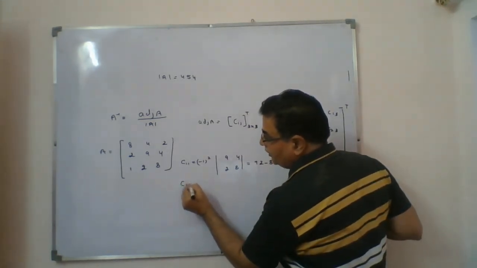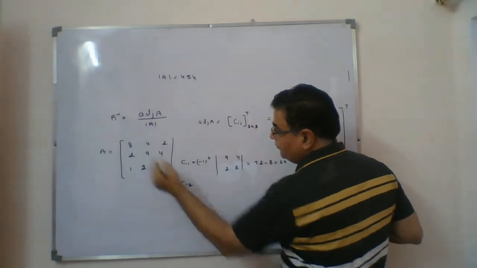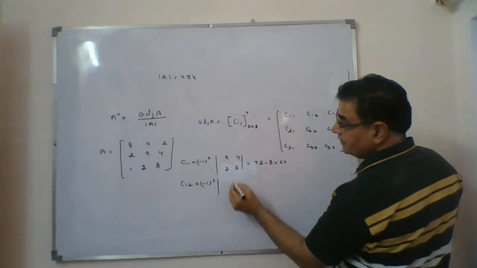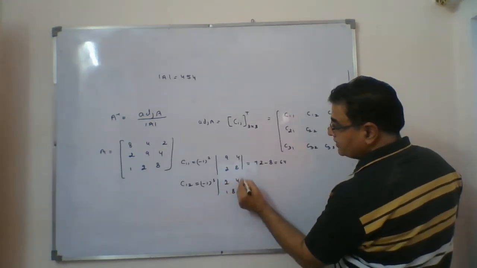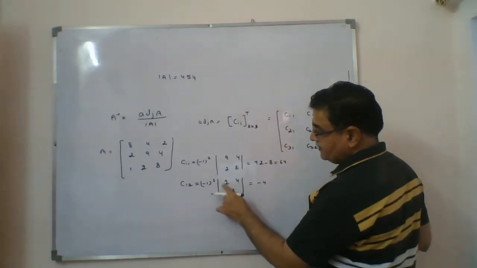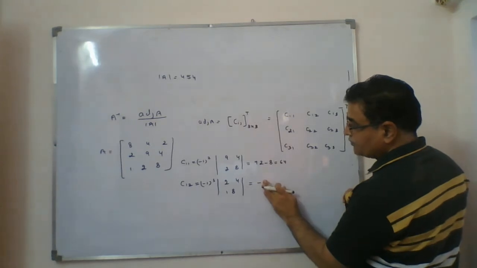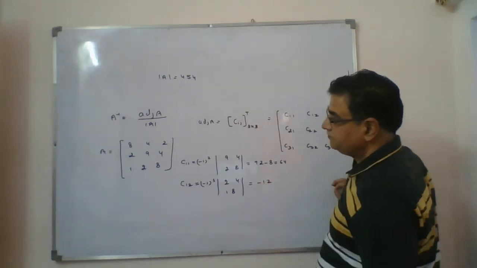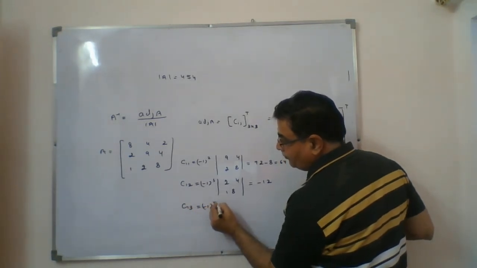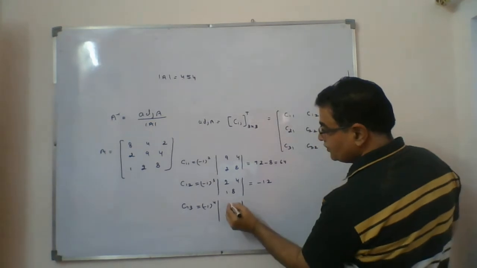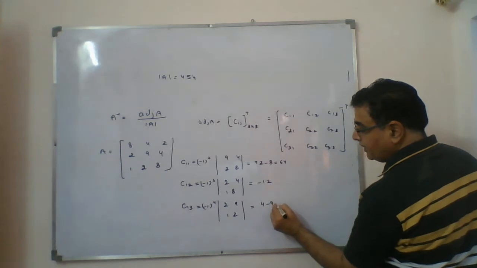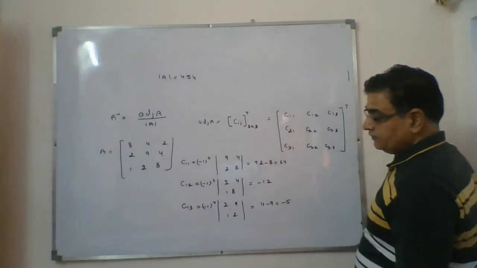Then we go for C12. Leave this, minus 1 whole cube, and then the minor is 2, 4, 1, 8. So 16 minus 4 will be 12, so it's minus 12. Then we go for C13, minus 1 power 4, and the minor is 2, 9, 1, 2. So it will come 4 minus 9, which is minus 5. C13 is there.